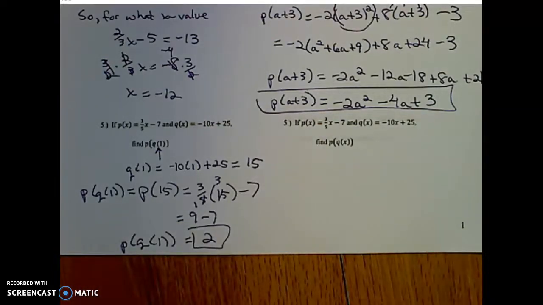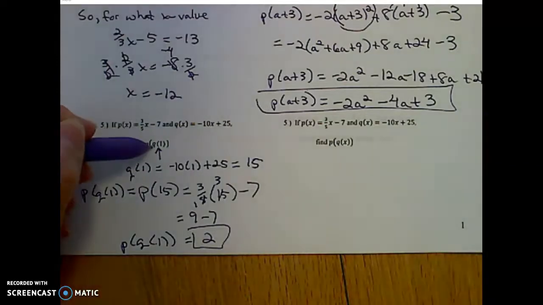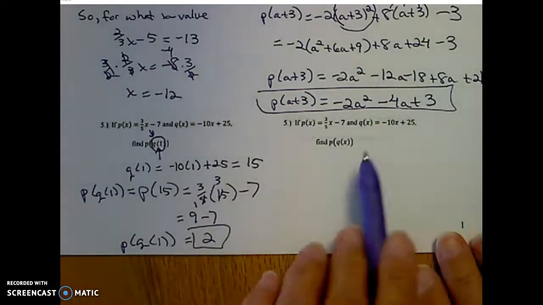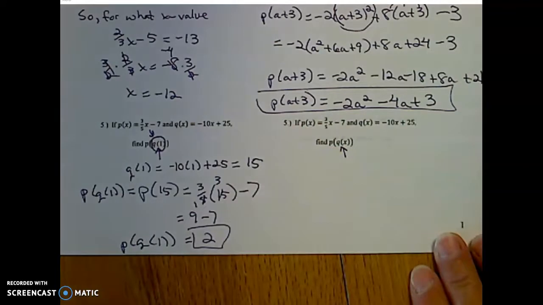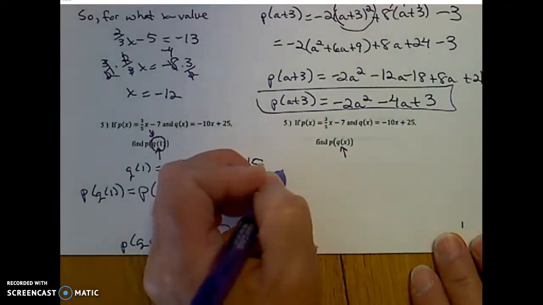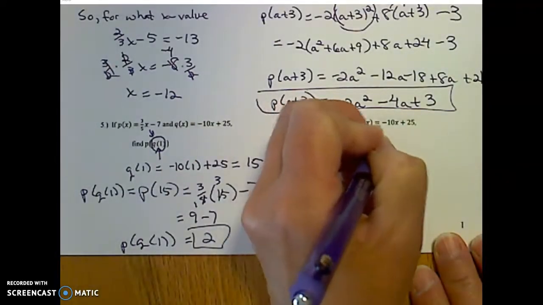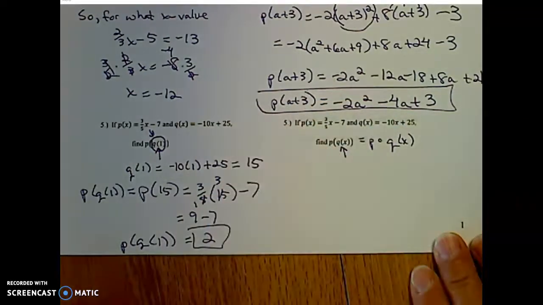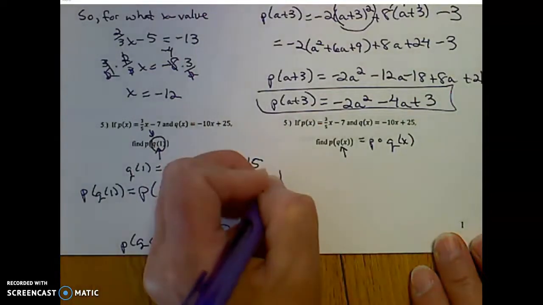Alrighty, composition of functions. When I take the output of one function and use it as an input into another function, I can plug an entire function into a function. So remember that notation, that's the same as p composed of q of x.